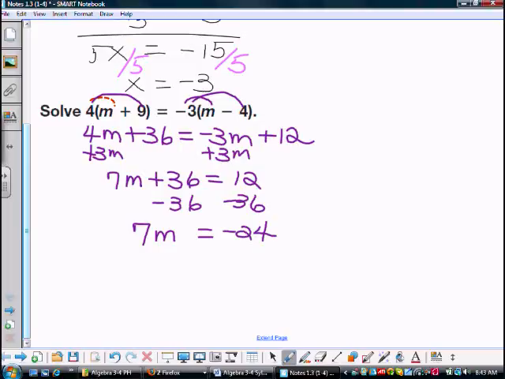Okay. Now, what do you tell me, no solution? No. What do you tell me the solution is? Divide both sides by 7 and get m is negative 24 sevenths.